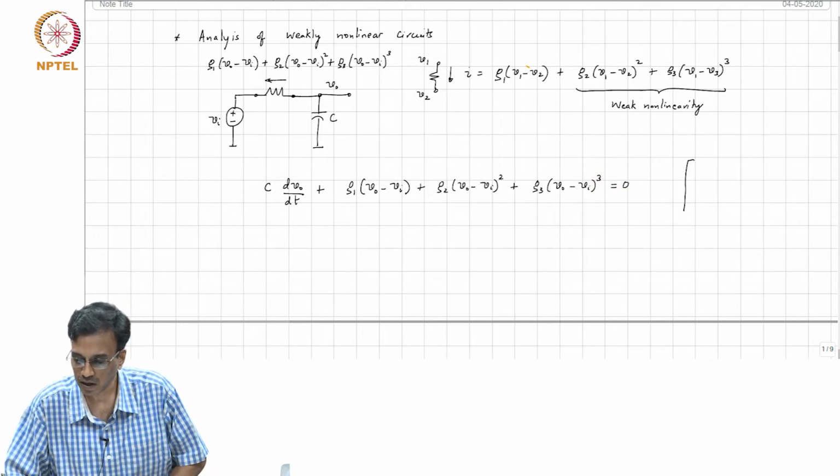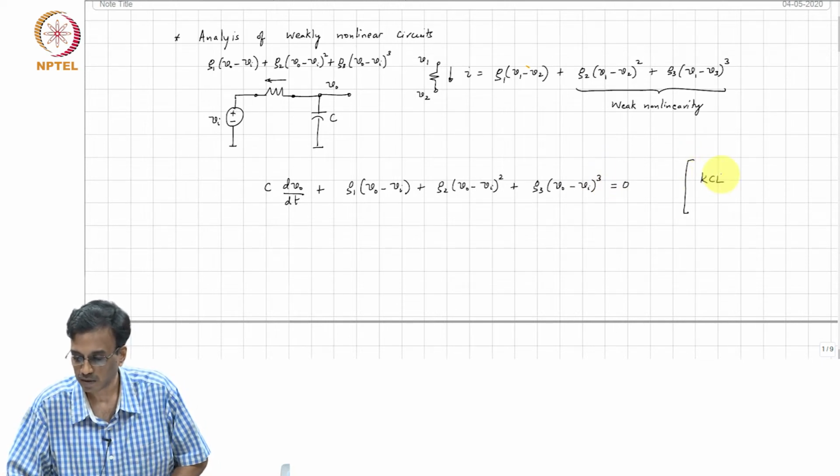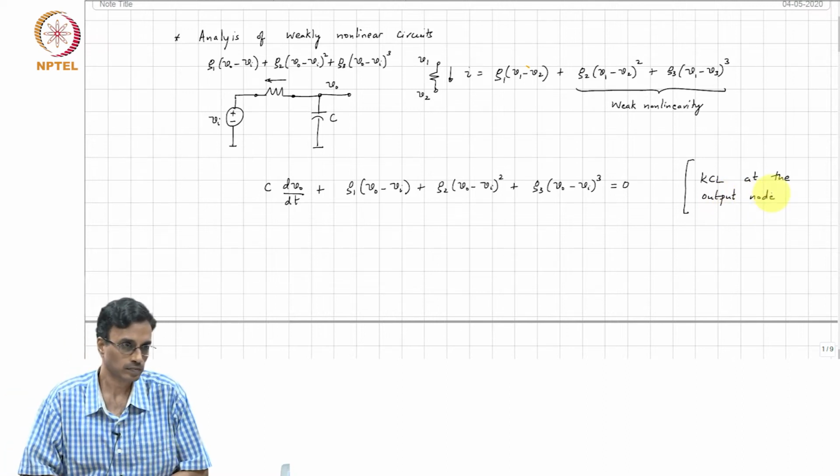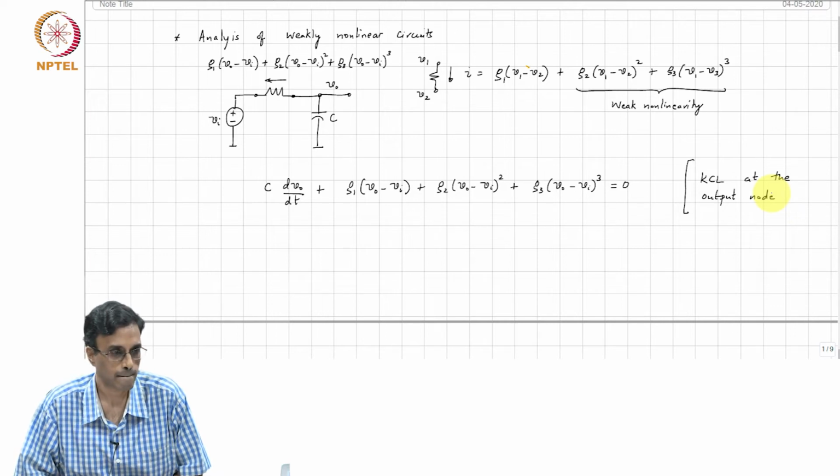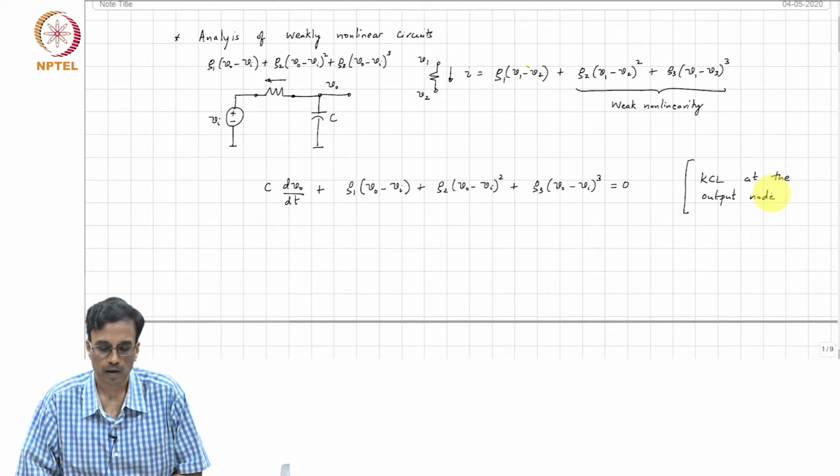So, this is nothing but KCL at the output node.